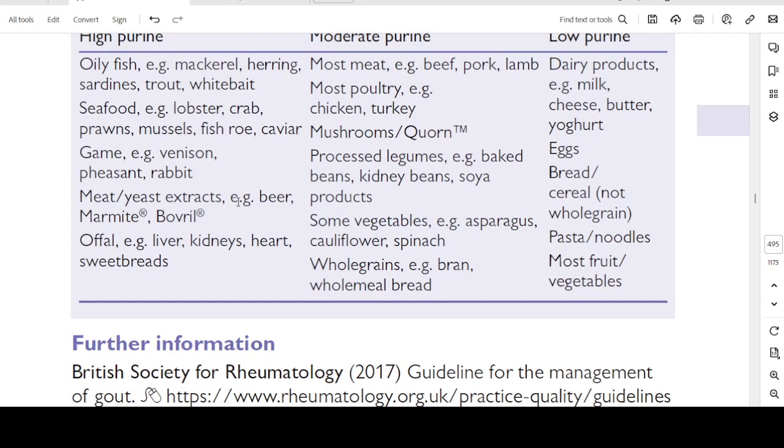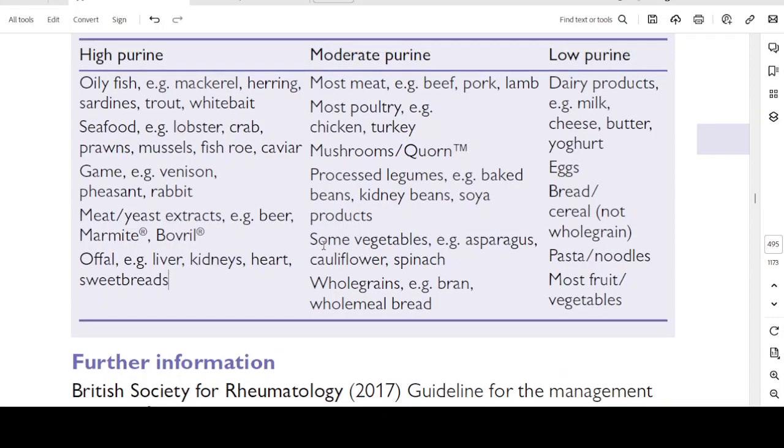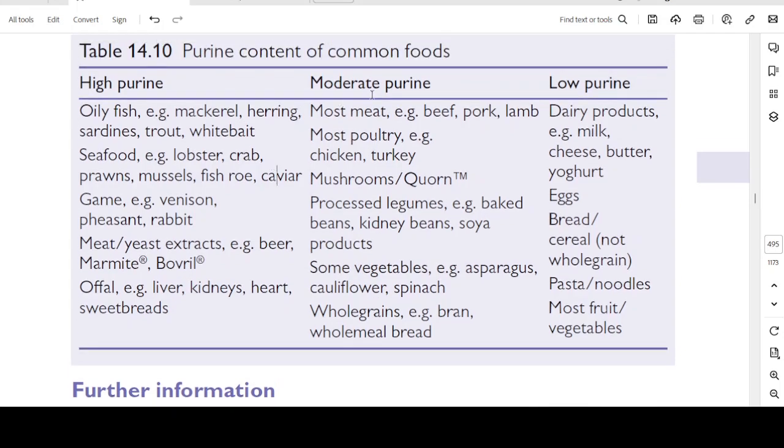Meat or yeast extracts, for example beer, Marmite and Bovril. Offal, for example liver, kidneys, heart and sweetbreads. So these are organ meat and sweetbreads. These are all high purine content foods.